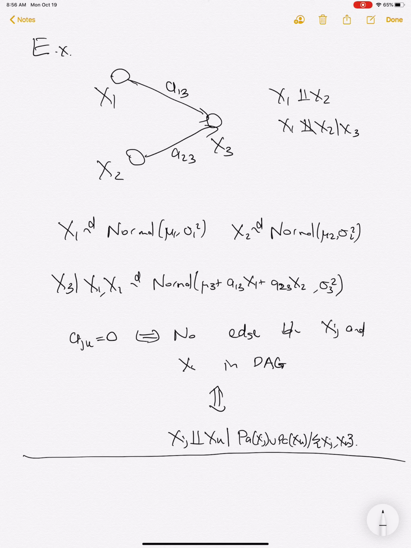And the other thing that we learned in the previous lecture was that this means that xj is conditionally independent of xk given the parents of xj union xk, excluding the variables xj and xk.